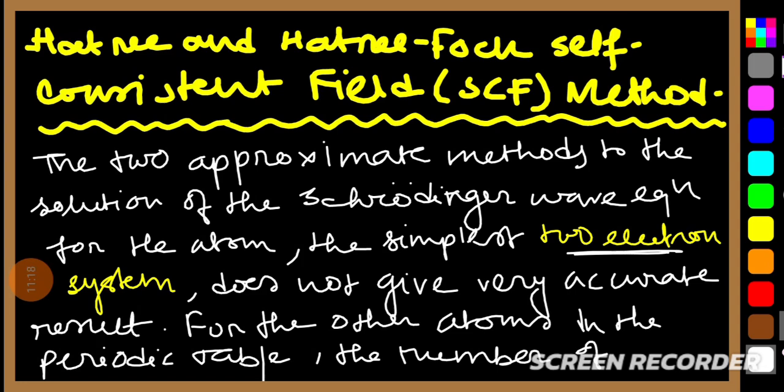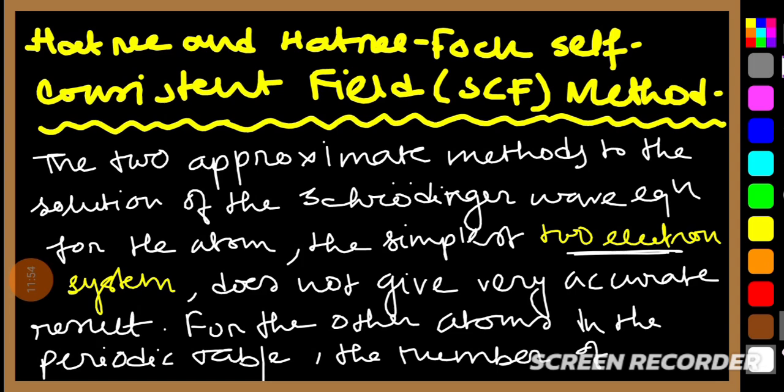So a question arises: the two electron system is the simplest multi-electron system, multi-electron means more than one, so you first think about the two electron system. But here the two theories are unable to give an accurate result for two electrons. So how will they give accurate results for 3 electron, 4 electron and multi-electron systems? A question is generated, right?